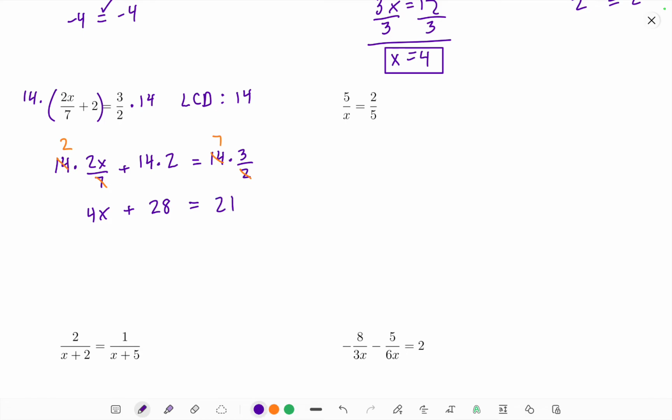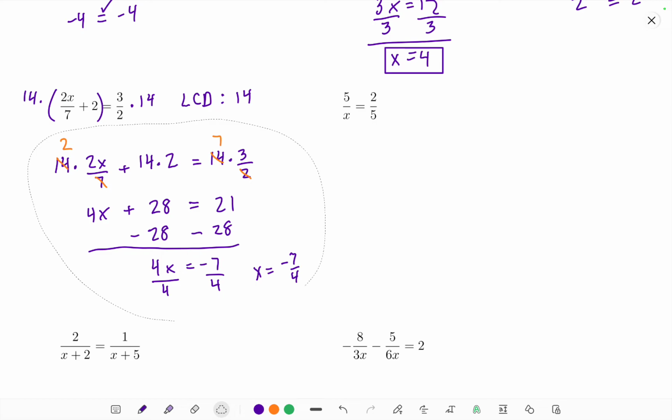And get 4x plus 28 equals 21. Subtract 28 from both sides. 4x equals negative 7. Divide by 4, divide by 4. x equals negative 7/4.